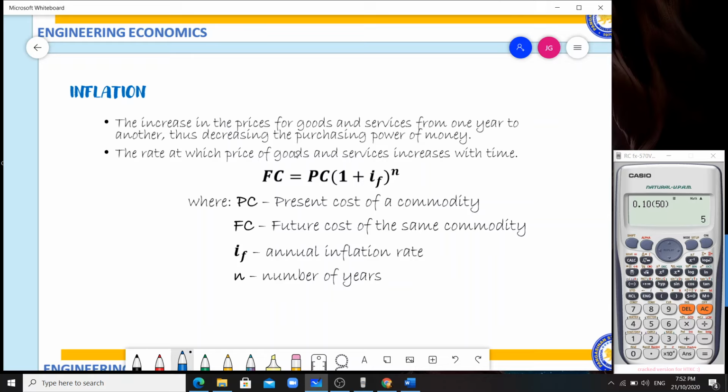So, the purchasing power of money decreases because of inflation.